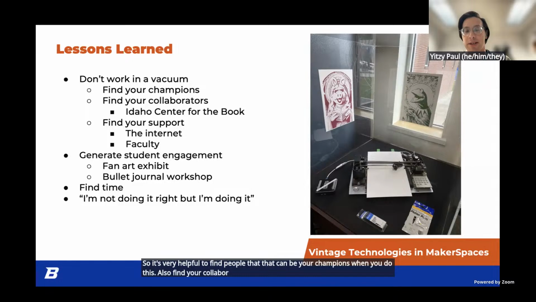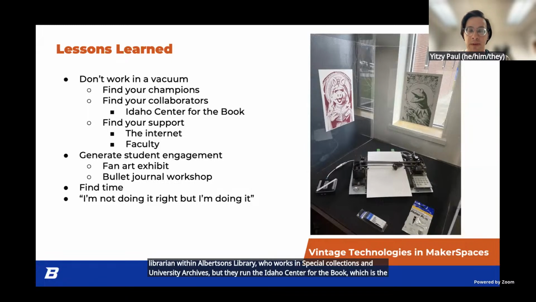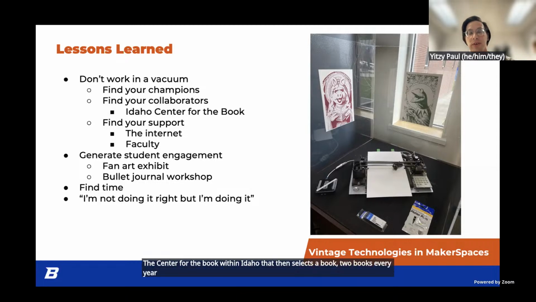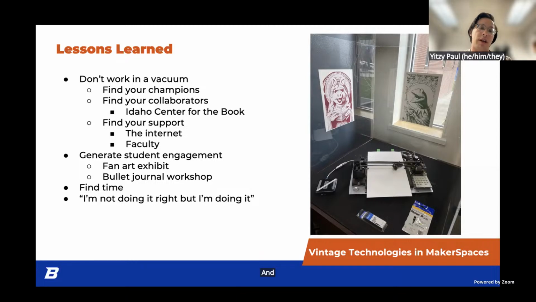One of my best collaborators is another librarian within Albertsons Library who works in special collections and university archives, but they run the Idaho Center for the Book, which is the center for the book within Idaho that selects two books every year and takes them to the National Book Festival. And part of their charge is the book as art.